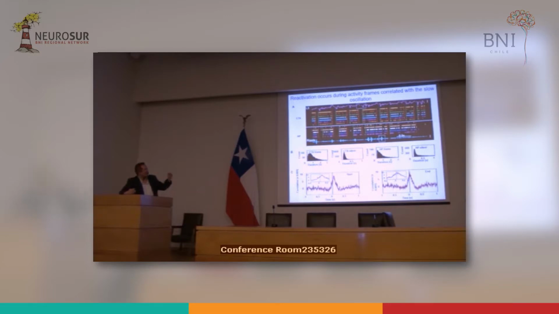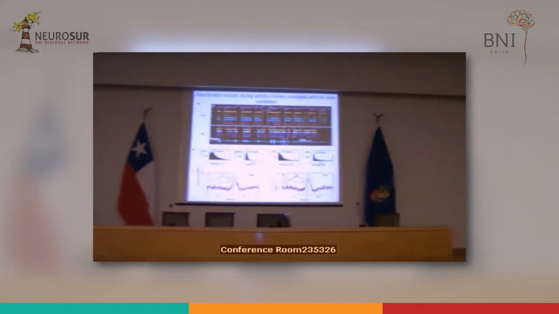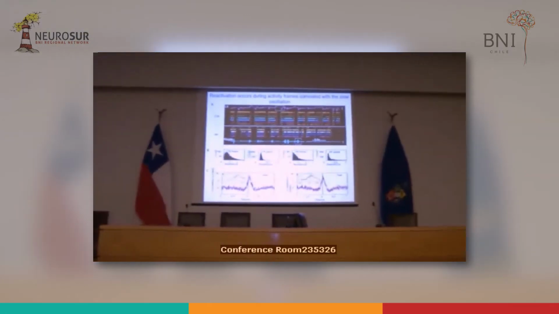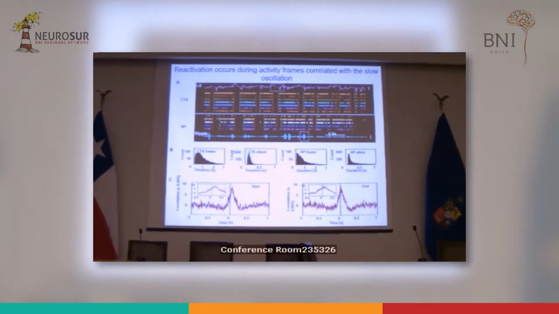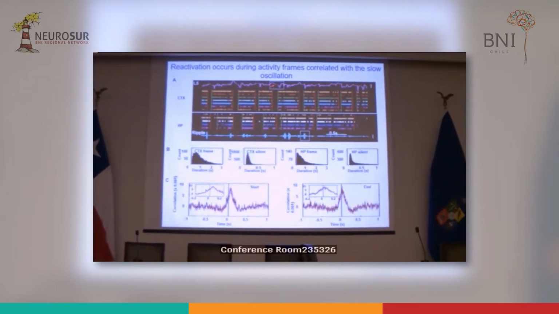So the idea is that visual cortex or neocortex turns on, the hippocampus responds by increasing activity, and then during one of these upstate-like periods, which we term frames, that's when you get sharp wave ripple events in the hippocampus. During sharp wave ripples is when you get sequence reactivation. And when you look at the relationship between sequence reactivation in the hippocampus and sequence reactivation in the visual cortex, what you find there is that the latency relationship is flipped around, and that is the hippocampus leads the visual cortex.